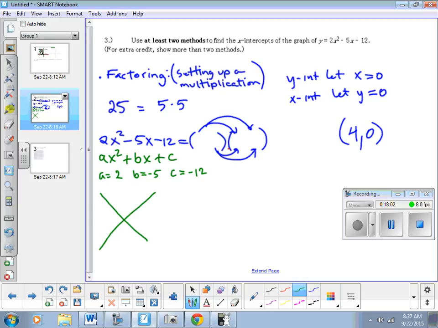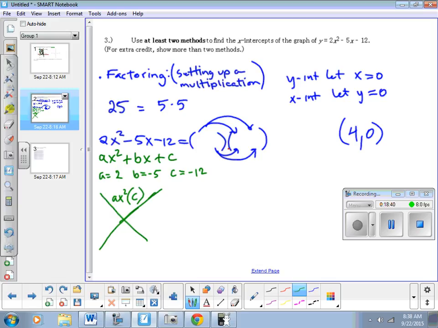On the top of the x, you're going to multiply the ax squared times the... close. I'm sorry, not times the b. Something doesn't fit right there. The ax squared times the c term. Can you fix that?